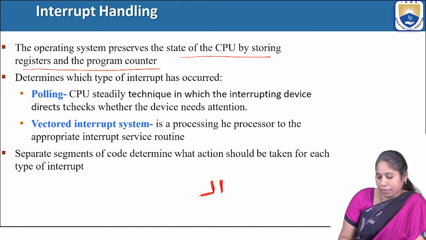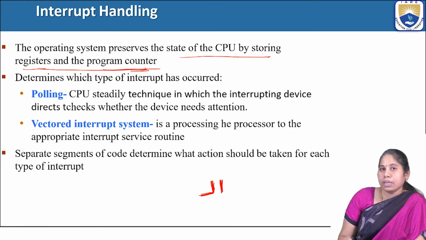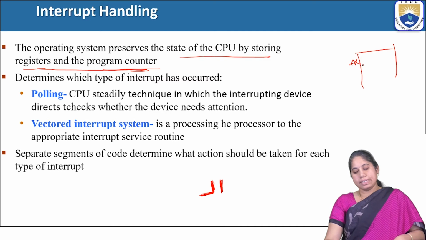How do we have to save it? By storing the state of the CPU inside the registers and the program counter. Why is this required? If you recall computer organization, you may know that some registers are there, AX, BX, inside the ALU and inside the CPU itself.